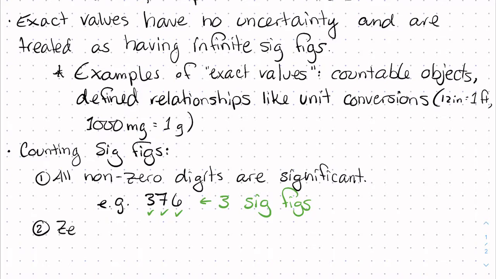There are essentially 3 different kinds of zeros we can have. Zeros between non-zero digits are the easy one. Those are always significant.